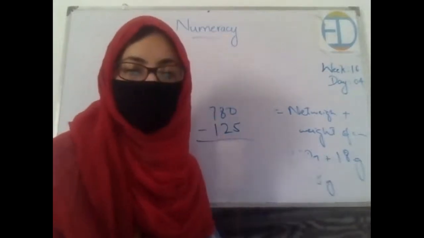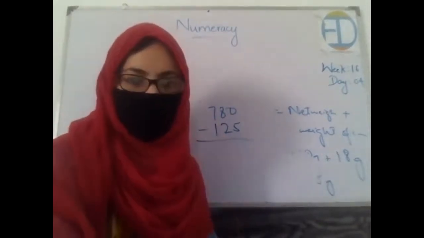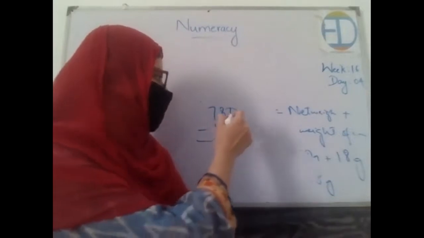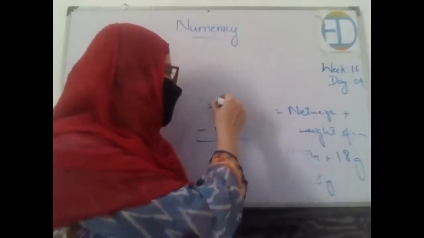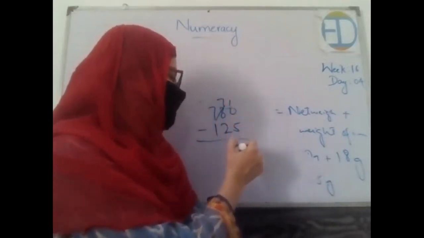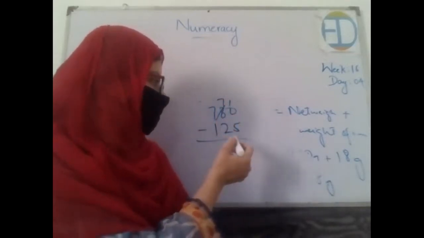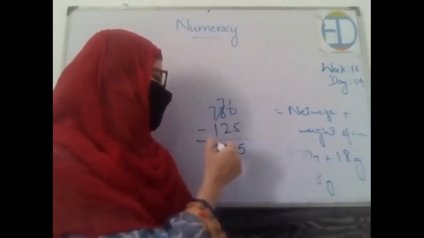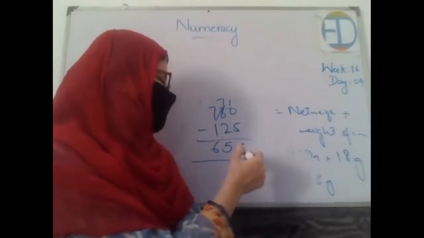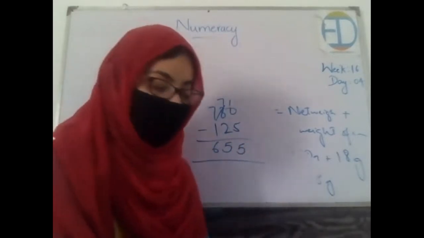Okay, now let's subtract it. Can we subtract 5 from 0? It's not possible. So we will take a carry from there. It will turn to 10. 10 minus 5, 5. 7 minus 2, again 5. And 7 minus 1, 6. So this means that the difference is 655.